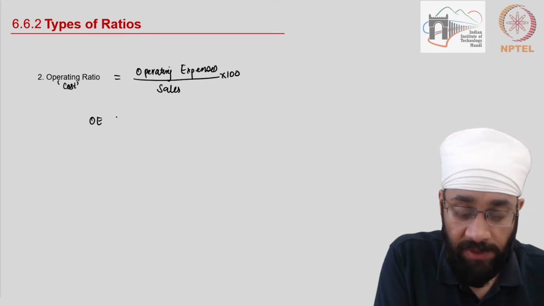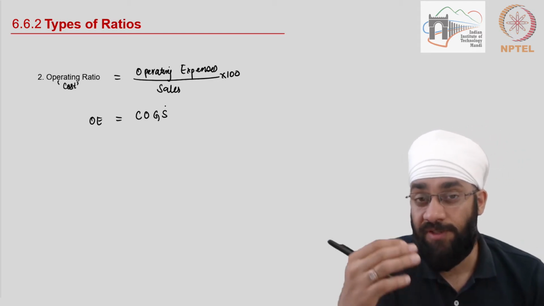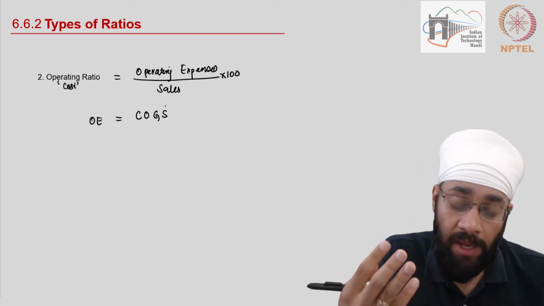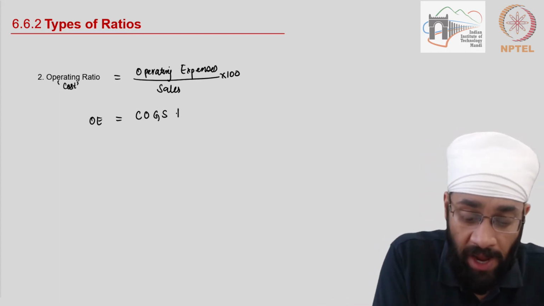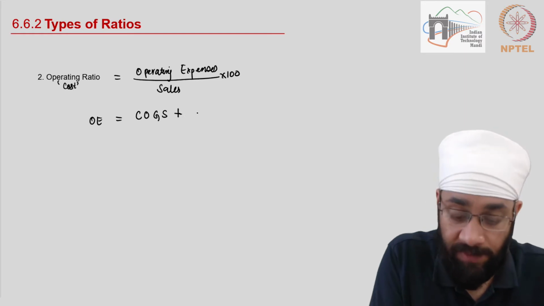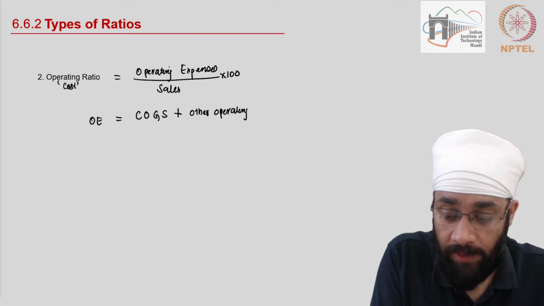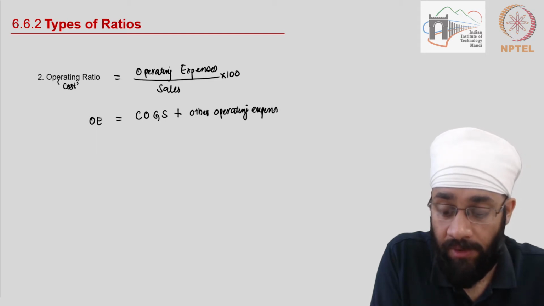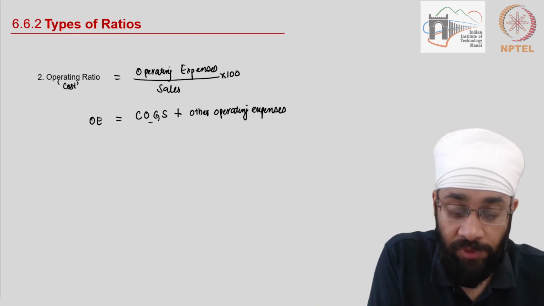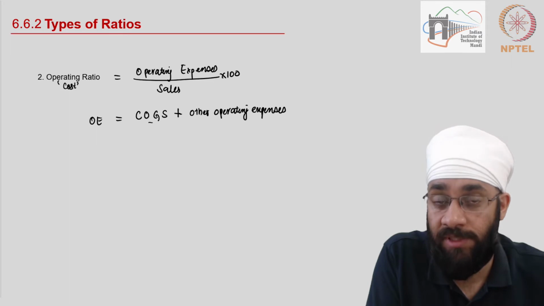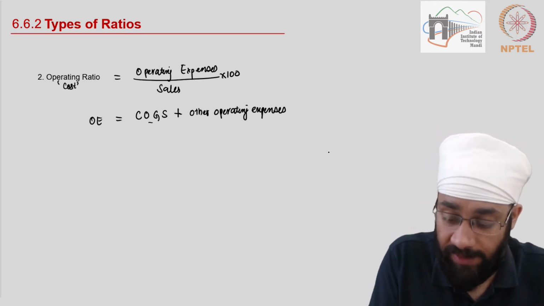Operating expenses are equal to the cost of goods sold, because this is the first section in the profit and loss account, and cost of goods sold are all operating expenses, and you add to it the other operating expenses, which are the indirect expenses that are operating in nature, because cost of goods sold includes all the direct expenses, and all direct expenses are operating. I hope you remember this classification.